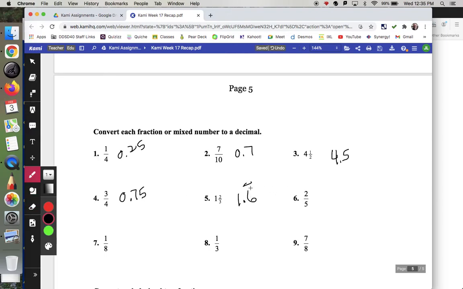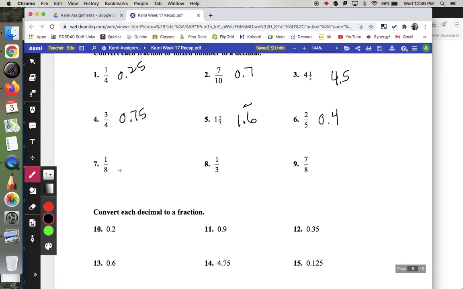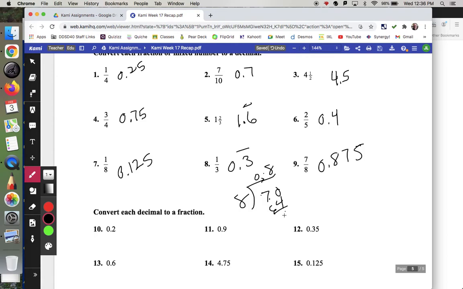All right, this is 0.4. This is 0.125. 0.3 repeating, and 0.875. I can double check that by doing 7 divided by 8. Goes in here 8 times with 6 left over, 7 times 56 with 4 left over, 5. Yep.